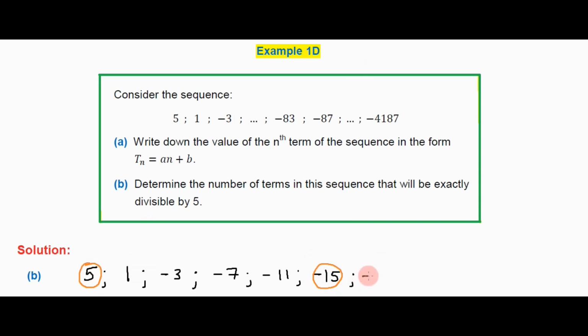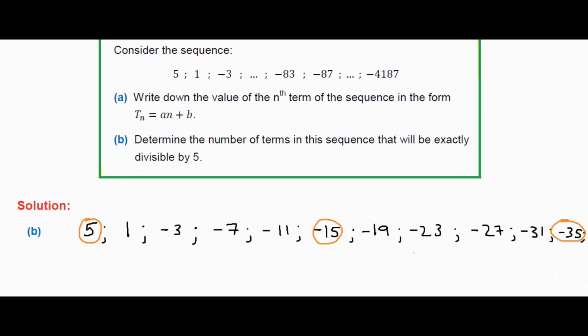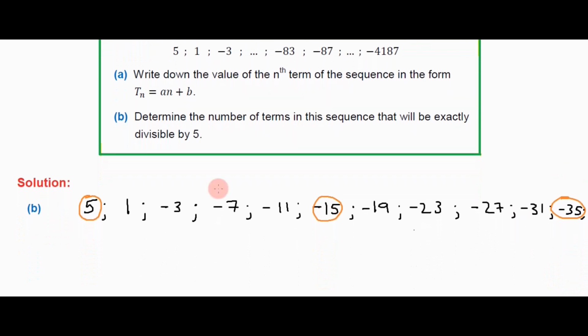We get negative 19, negative 23, negative 27, negative 31, negative 35, and we have another term divisible by 5, which is negative 35. So we can stop here because we have the first 3 terms divisible by 5.